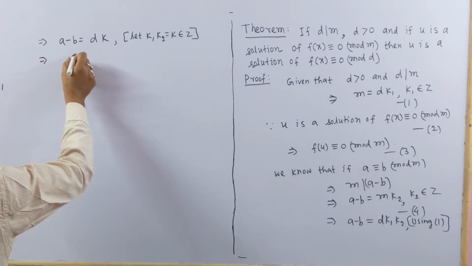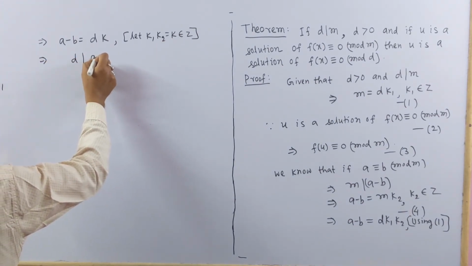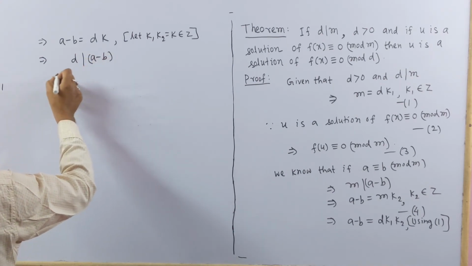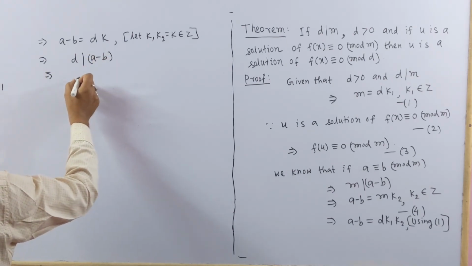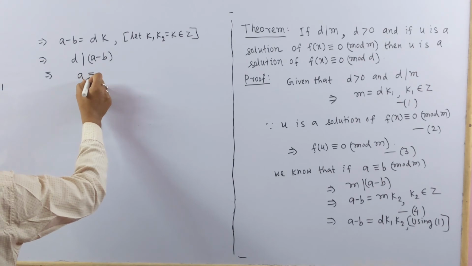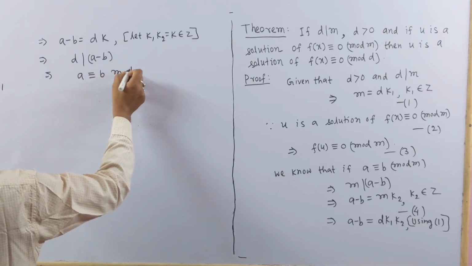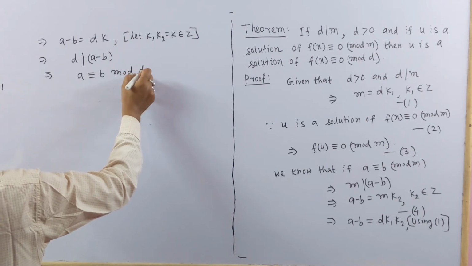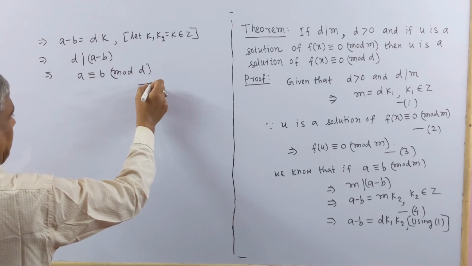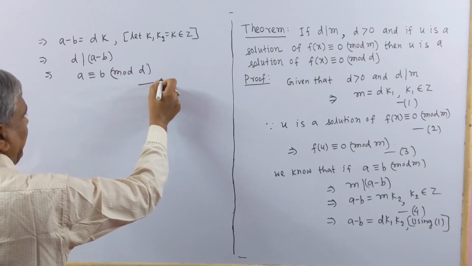This implies that d divides a − b, which implies that a is congruent to b modulo d. This is number 5.